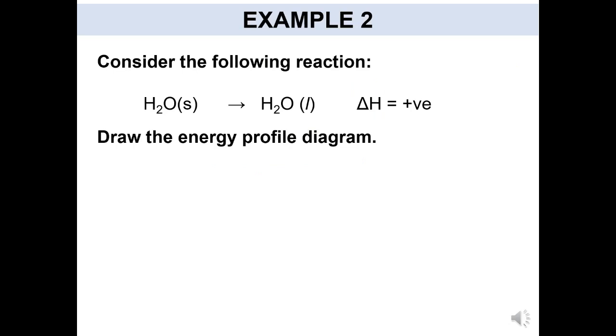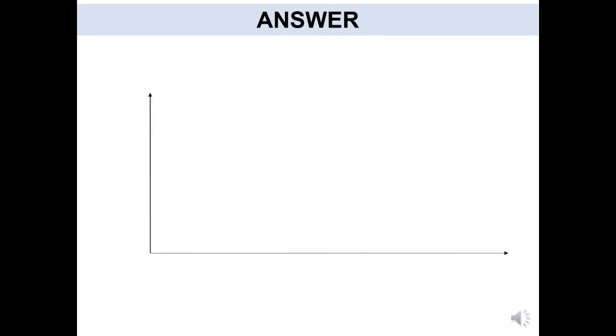Look at example 2. Consider the following reaction. H2O solid produces H2O liquid, delta H positive. Draw the energy profile diagram. Okay, we have H2O solid changing to H2O liquid. Delta H is positive.